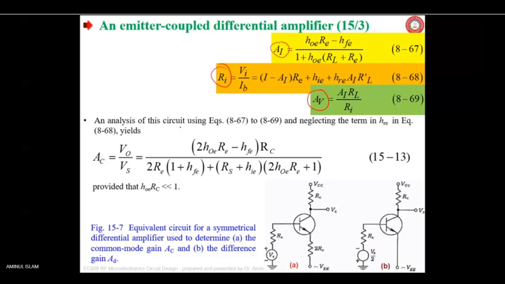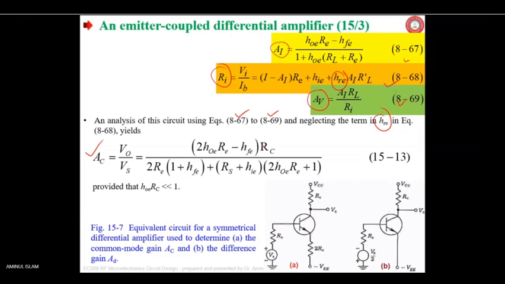So an analysis of this circuit using equations 8-16, 8-67, 8-69, and neglecting the term HRE in equation 8-68. HRE means this term is neglected. We can write the AC common mode voltage gain equals VO by VS equals this value.